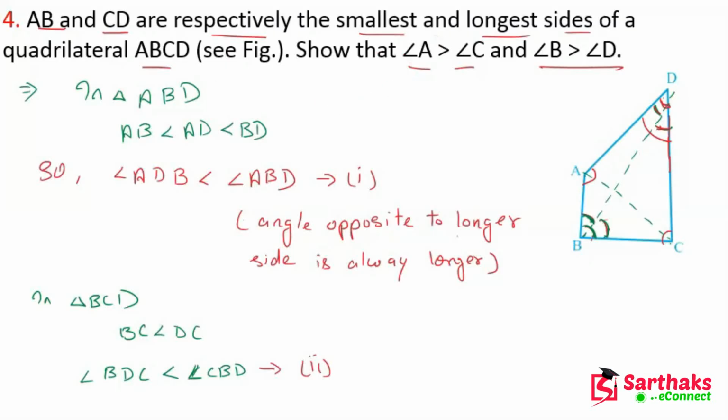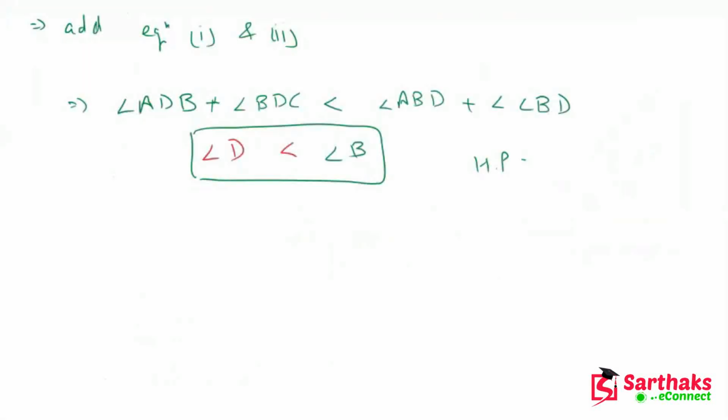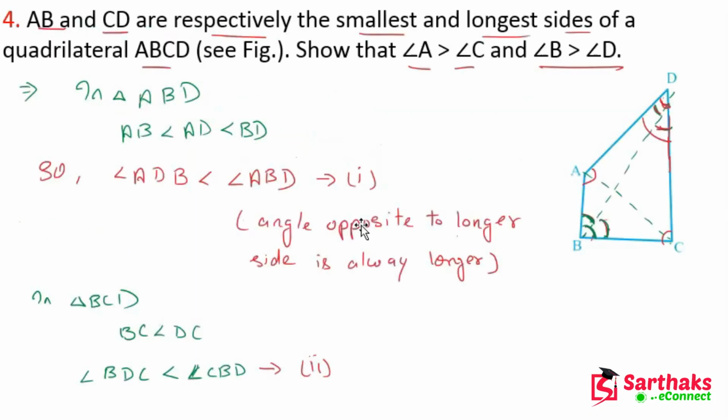So for this we have to take triangle ABC and triangle ADC. We have to take these two triangles. So now similarly, in triangle ADC, we know that this line DC is larger than this line AD.